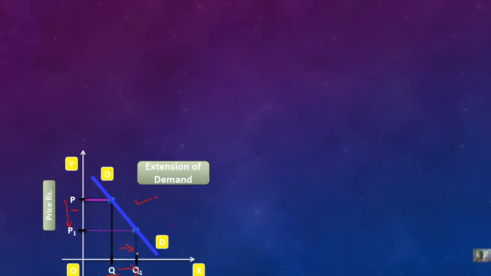This curve shows downward sloping demand curve. Because of fall in price, quantity demanded rises, known as extension of demand.